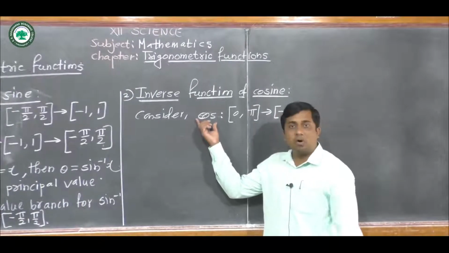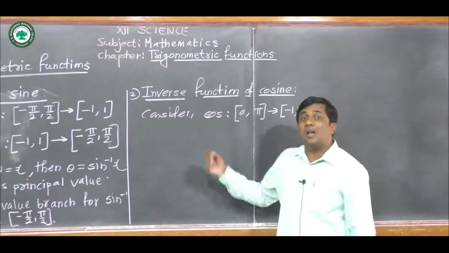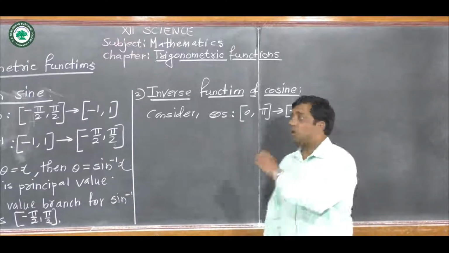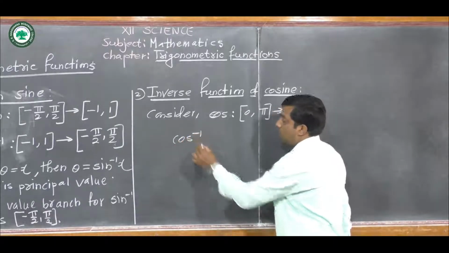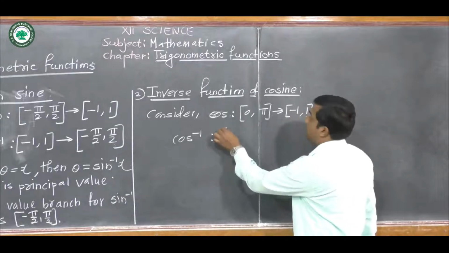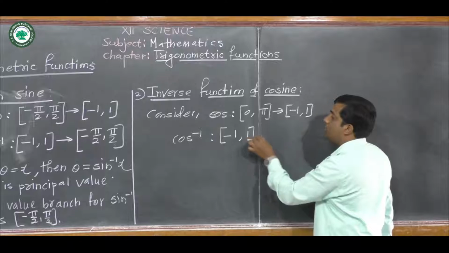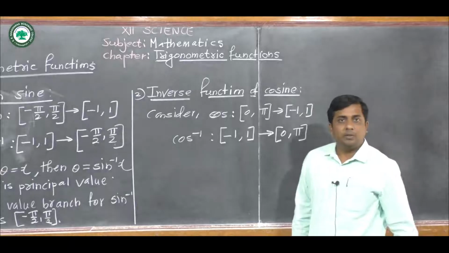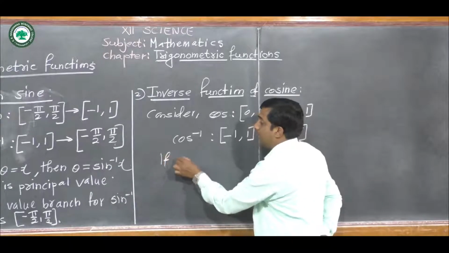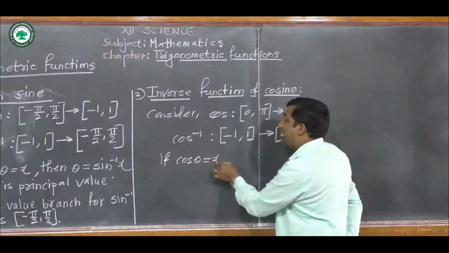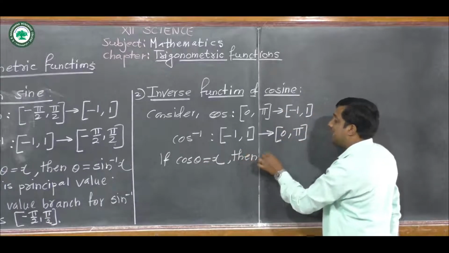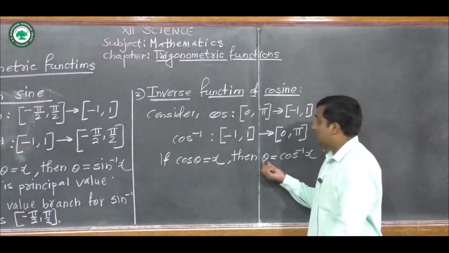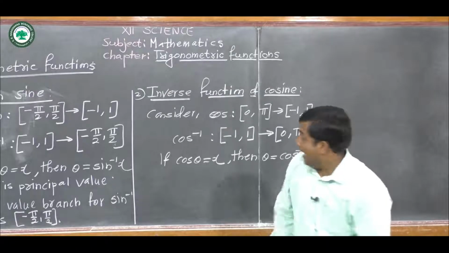If the given function cos is one-one and onto, the inverse of the trigonometric function cosine exists, and we denote it by cos inverse, which is a function from closed interval minus 1 to 1 to closed interval 0 to pi. Remember, if cos theta is equal to x, then I write theta as cos inverse of x, and this theta is the principal value.